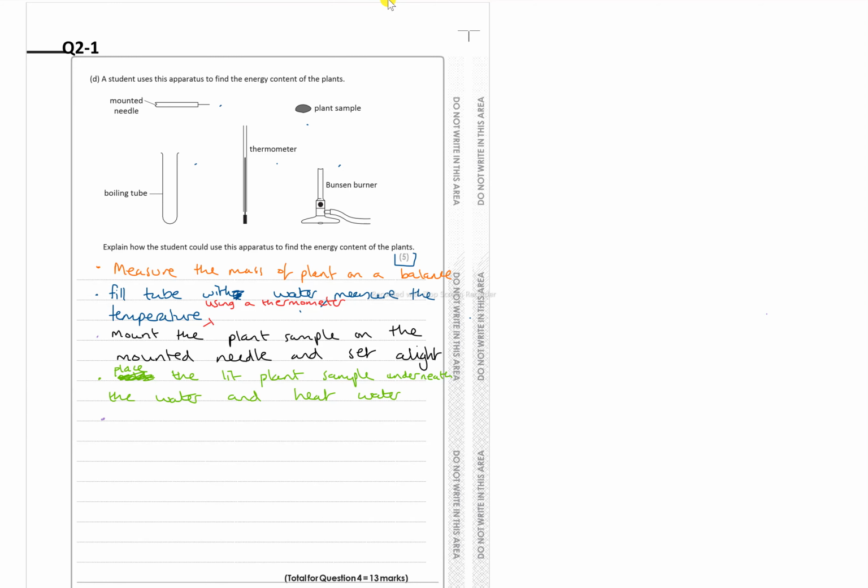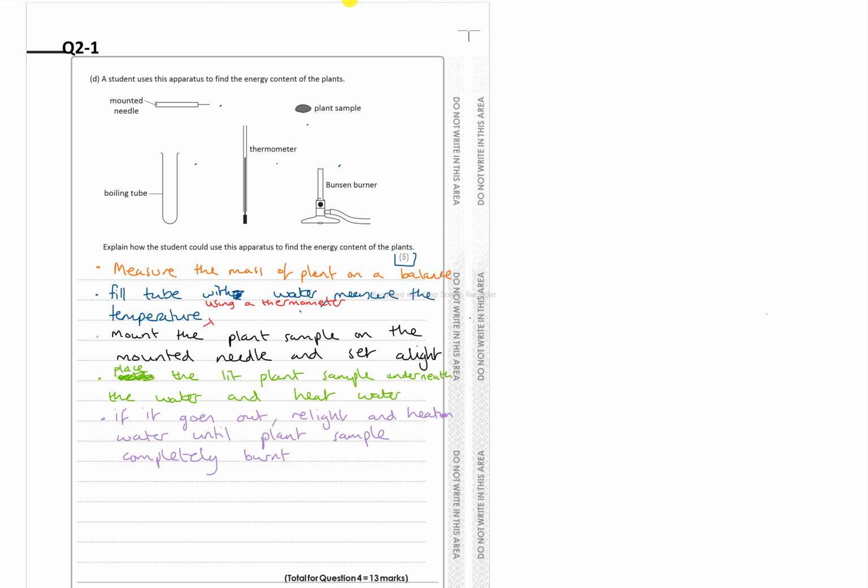Right. If it goes out, relight and continue heating the water until the plant sample is completely burnt.